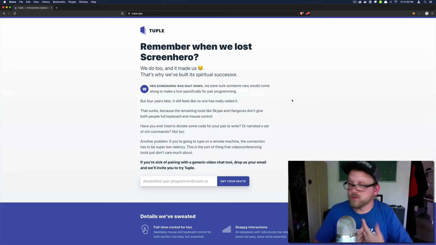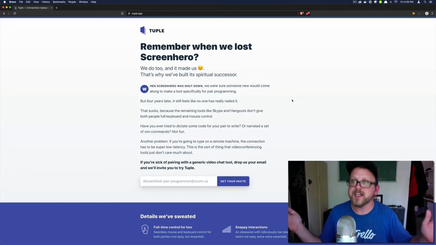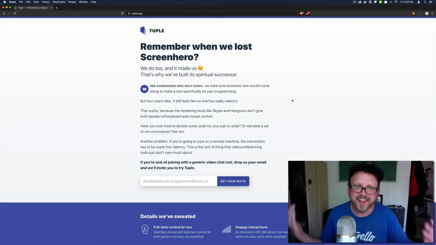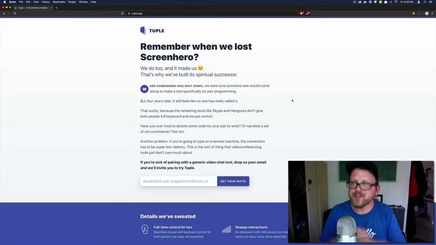So you're casting a really wide net over all remote teams. You could even go higher than that and say Tupal is the future of communication, something like that. There are a number of different ways you could think about this problem, right? Or you could say the best remote pair programming app, something like that.